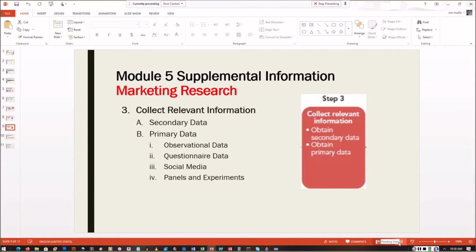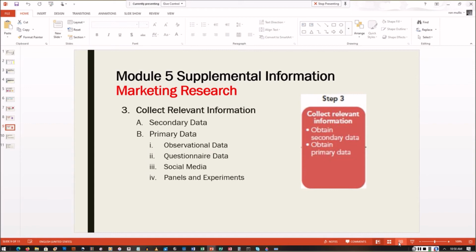So the third step of marketing research is collecting the relevant data. When we start collecting the information, we have to make sure that it's relevant and pertinent to what our objective is. From the information that we do collect, we will be able to make an educated marketing decision.